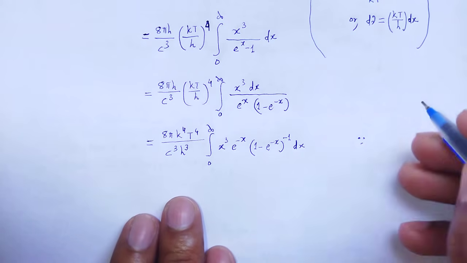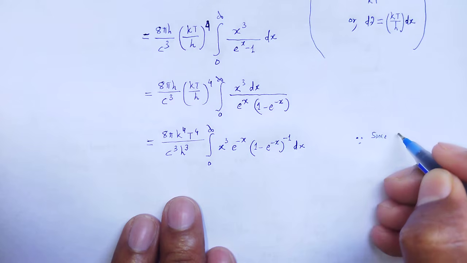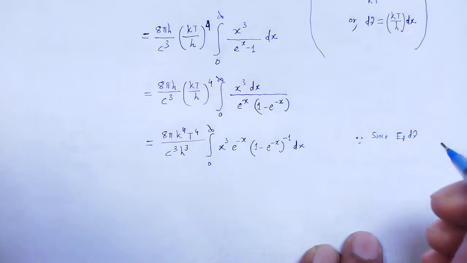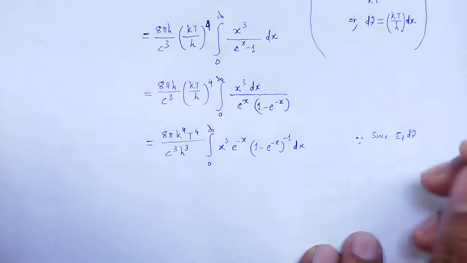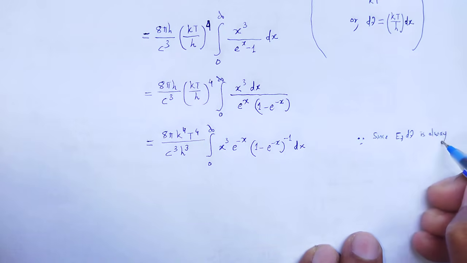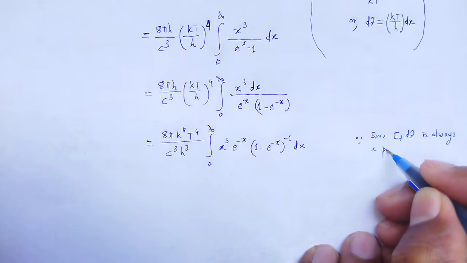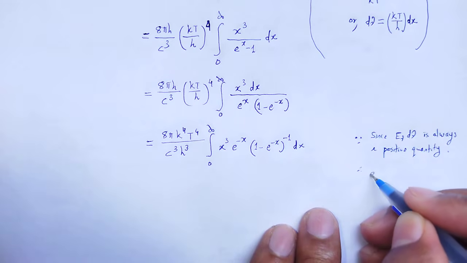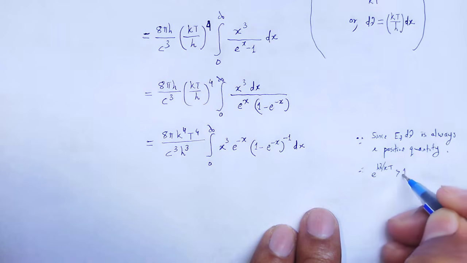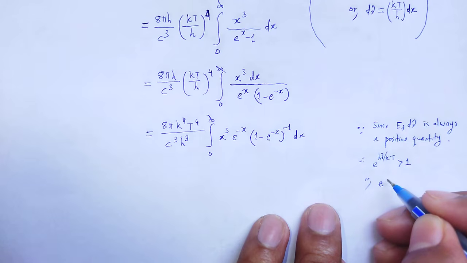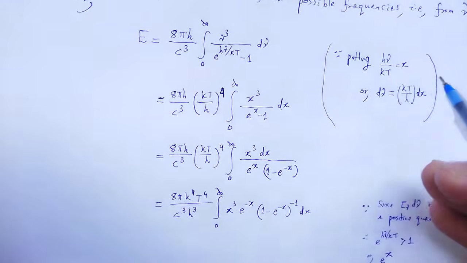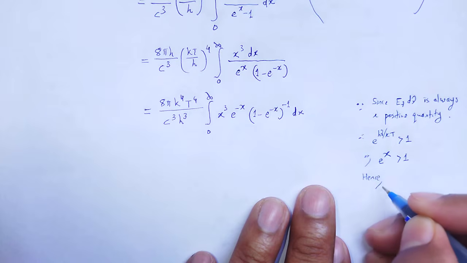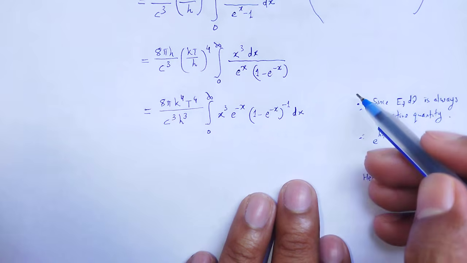In simple sense, since E nu d nu at the frequency range of that energy density is always a positive quantity, it means e to the power h nu divided by kt is greater than 1, or simply, substituting x for h nu by kt, e to the power x is greater than 1, hence e to the power minus x is less than 1.